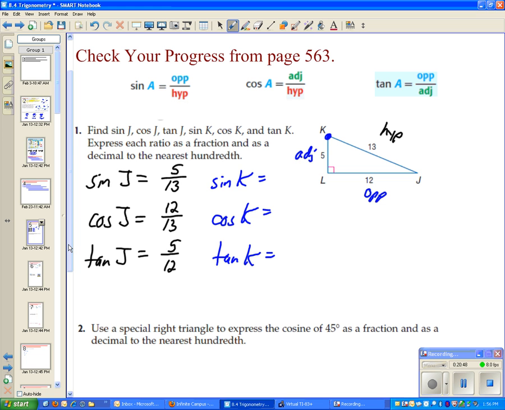So the sine of K, opposite over hypotenuse, will be 12 over 13. Cosine of K, adjacent over hypotenuse, 5 over 13. And the tangent of K, opposite over adjacent.